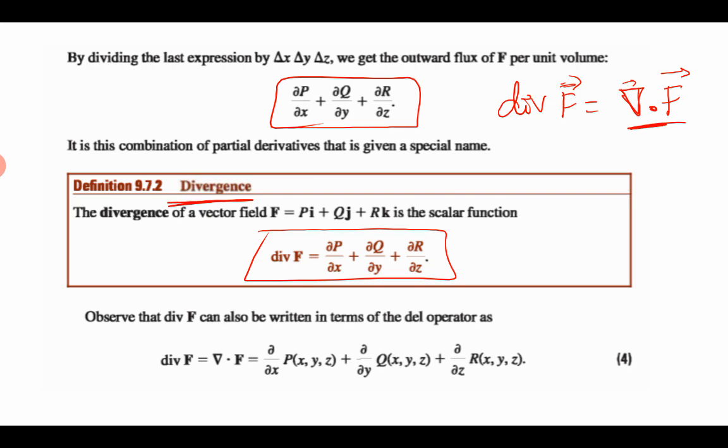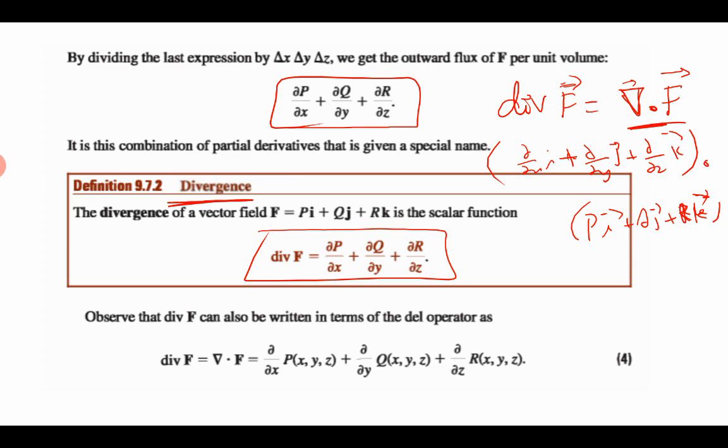What do you mean by dot product? How do you find it? Del is dou by dou x i plus dou by dou y j plus dou by dou z k. This is del, and dot product with F. F is Pi, Qj, Rk. P, Q, R are functions of three variables.